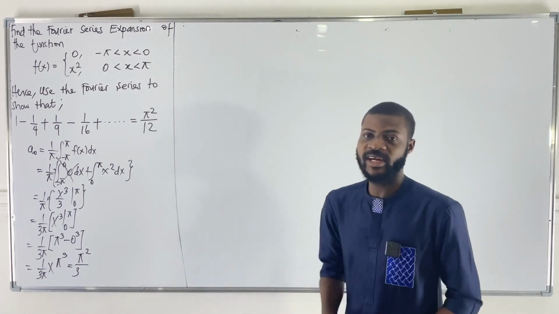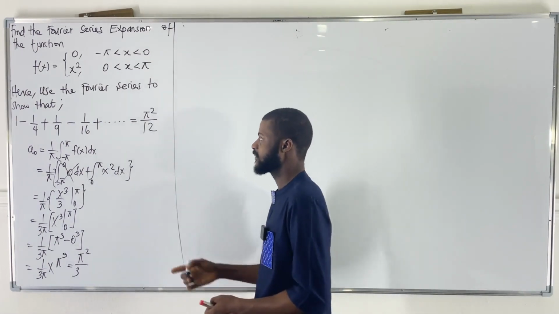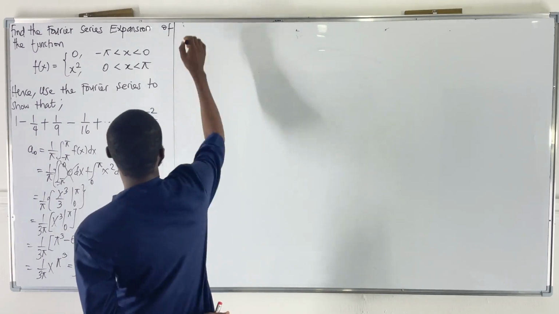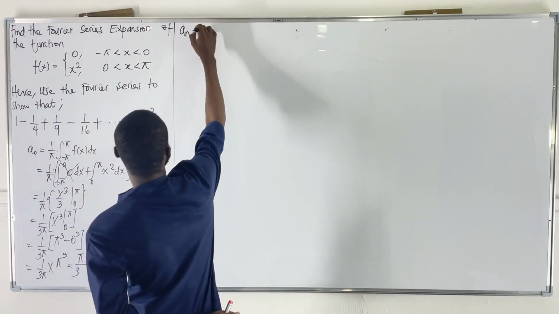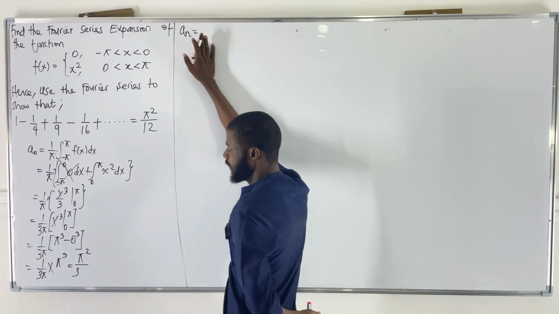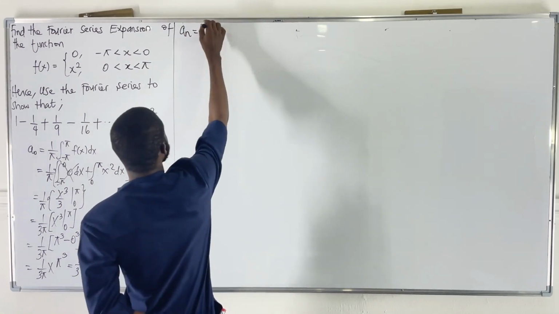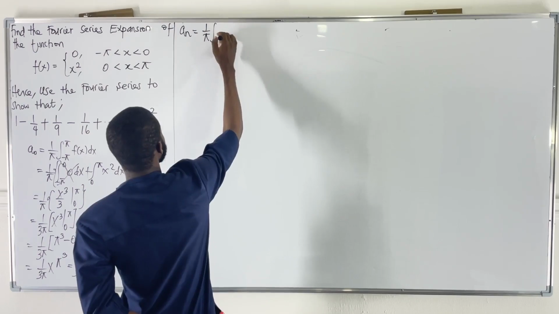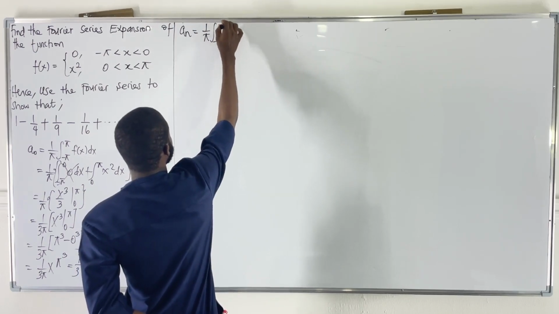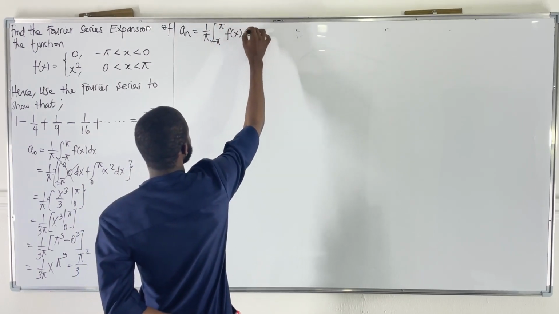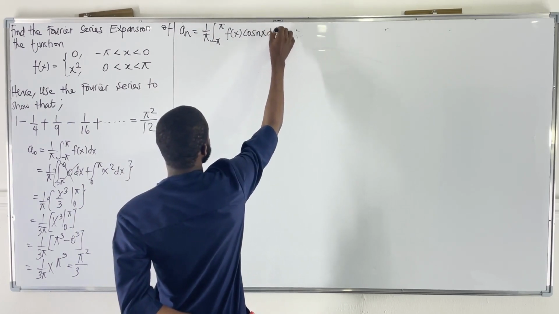So the next part is to find a sub n. So a sub n would be 1 over pi integral from minus pi to pi of f of x cos nx dx.